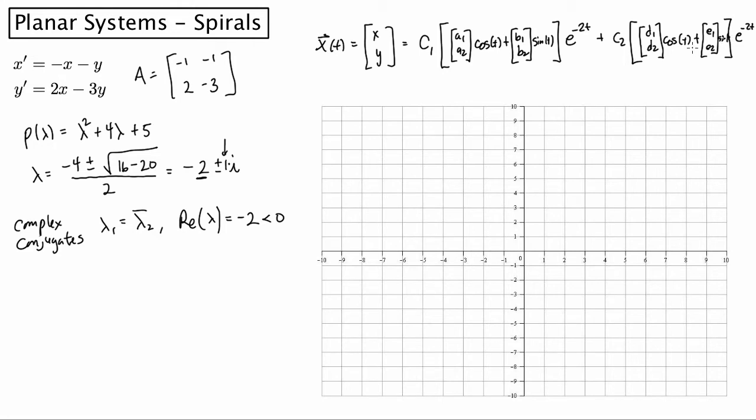So I ran out of room there a little bit. Let's see if I can make that look a little bit better. So sine of t, and then all of this is times e to the -2t. So that's what our system looks like, and that's what our solution looks like.